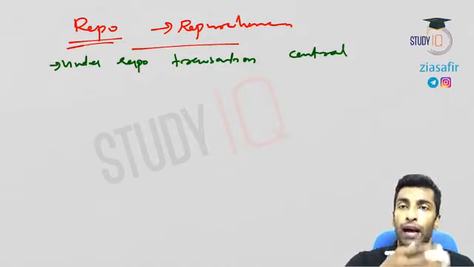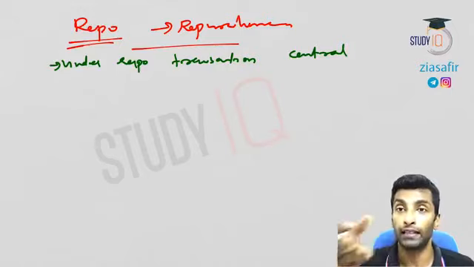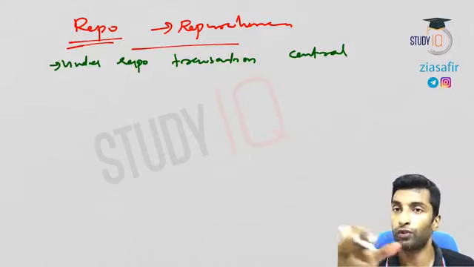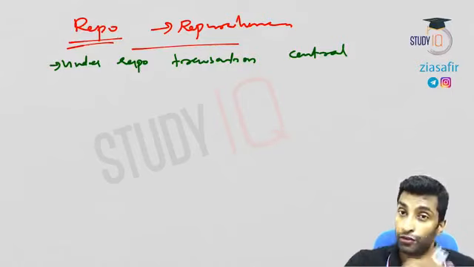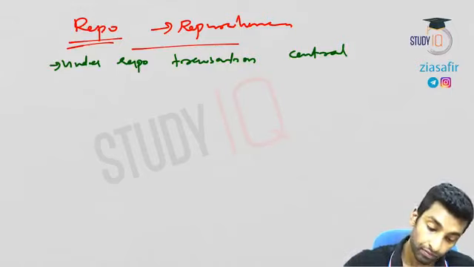Repo simply means banks can borrow from RBI. But how? By pledging what? This is what we are going to discuss. Like bank rate, banks borrow from RBI by pledging first-class securities, here by pledging government securities. So we'll discuss that.